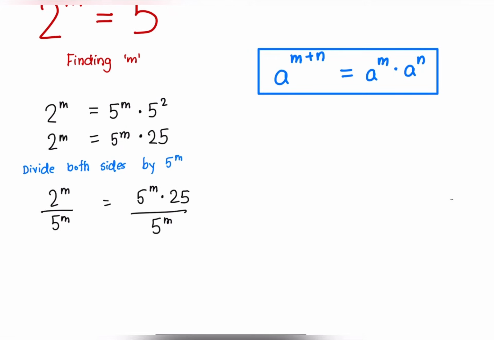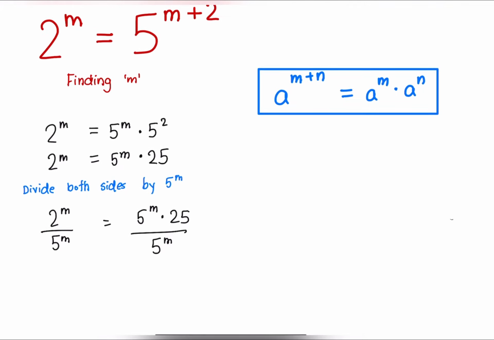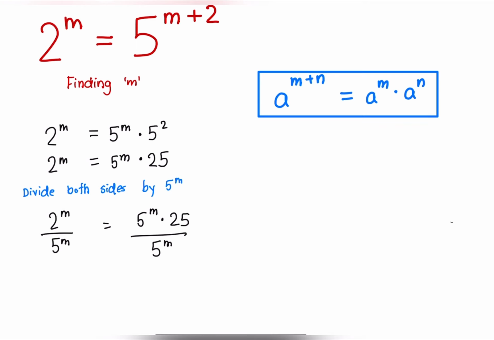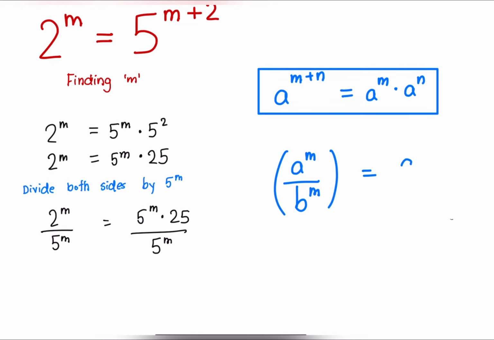So let's go ahead and, there's another rule of exponents that states that a to the power m divided by b to the power m is the same thing as a over b to the power m.